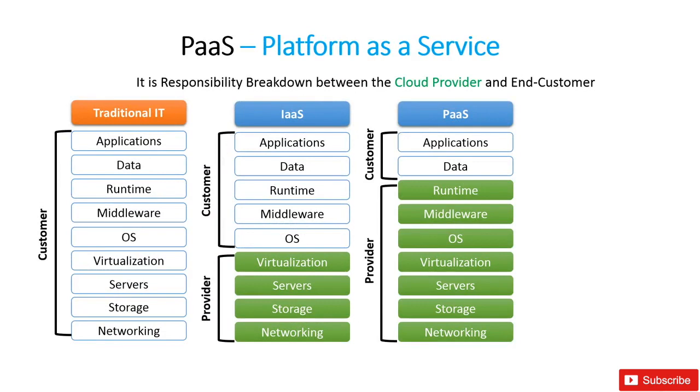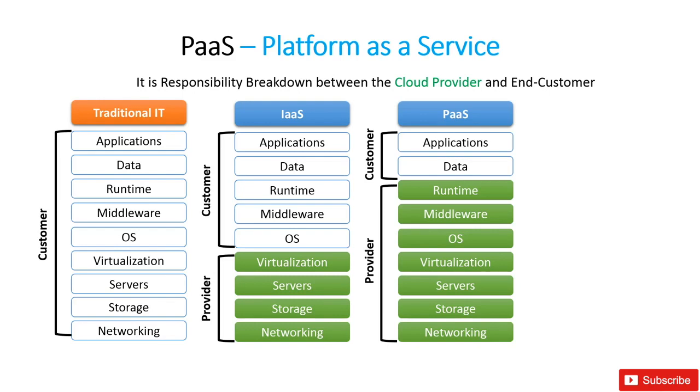Looking at the cloud computing stack, here we have on the left side the platform as a service, and you can see that we have more green layers if you compare it to infrastructure as a service. So the responsibility breakdown between the cloud provider and the end customer is better than infrastructure as a service.